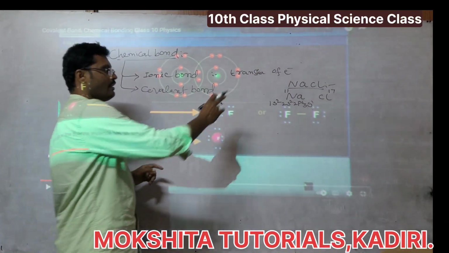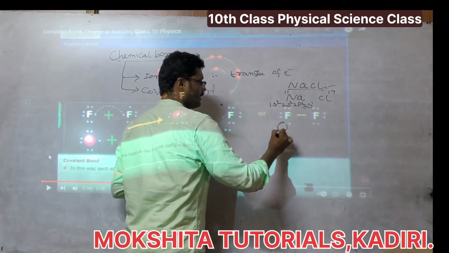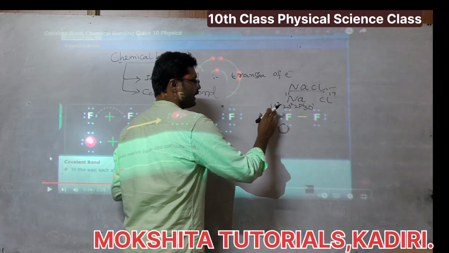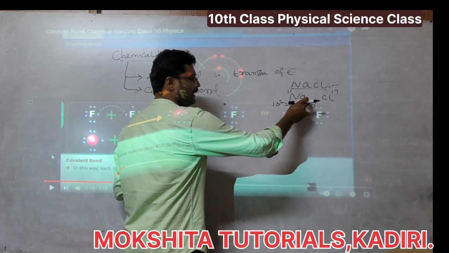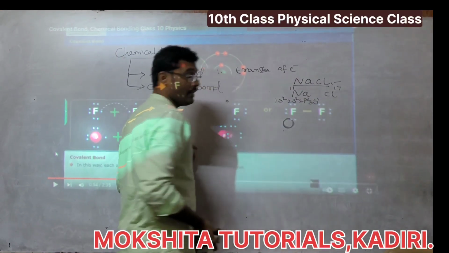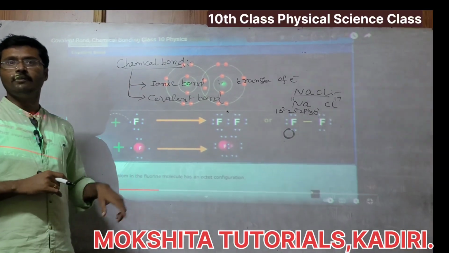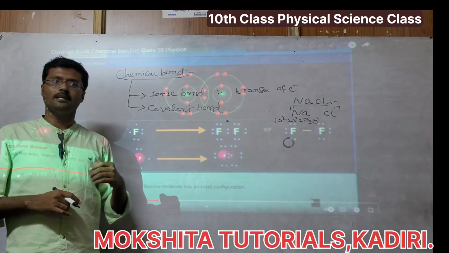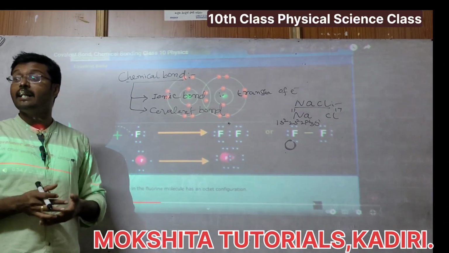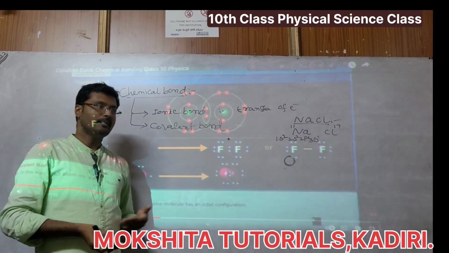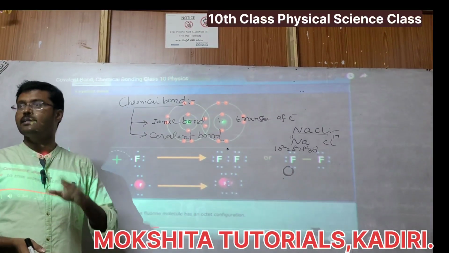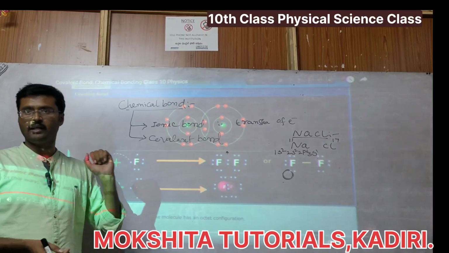That means sodium has 2 electrons in the first shell, 8 in the second shell, and 1 in the third shell. Then what is meant by octet structure? If any atom has 8 electrons in its outermost shell, then automatically it gains the octet structure, and finally it gets stability.